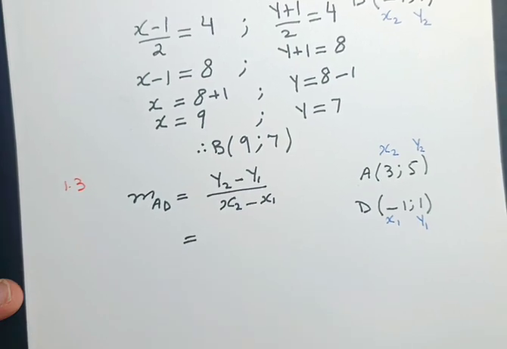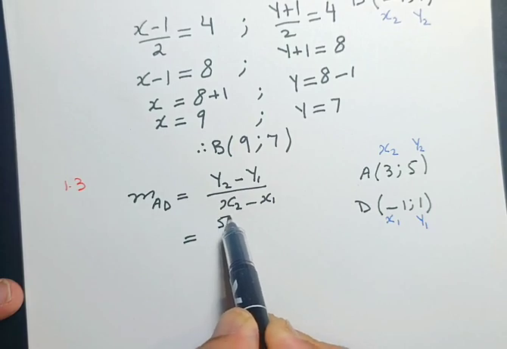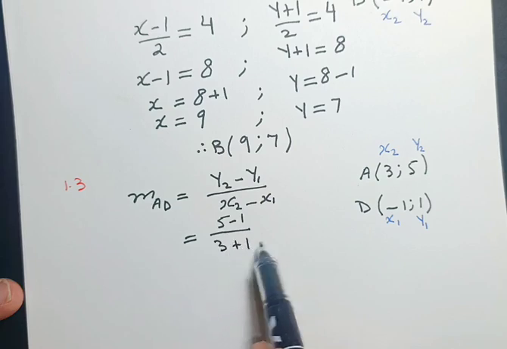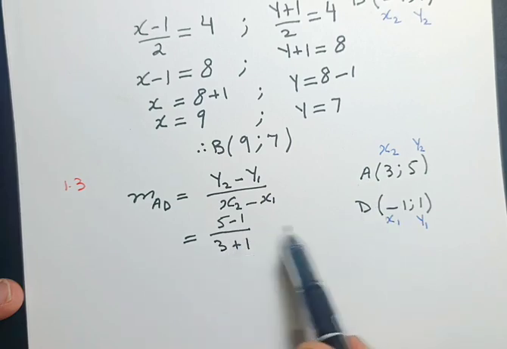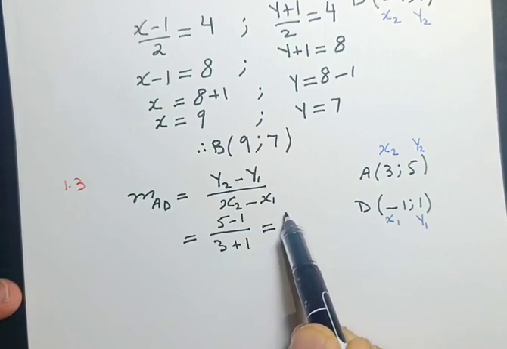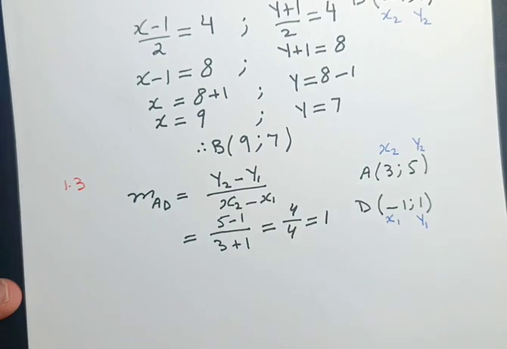Y2 minus y1, 5 minus 1, over 3 plus 1, since negative and negative become positive. So 4 over 4 equals 1. The gradient of AD is 1.